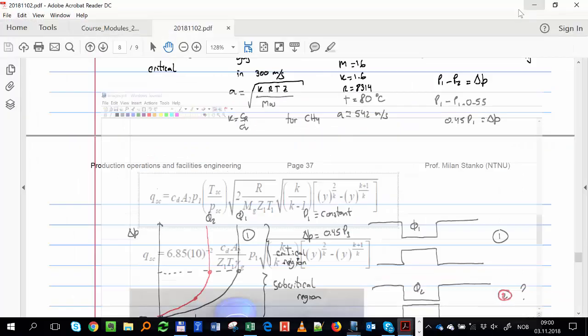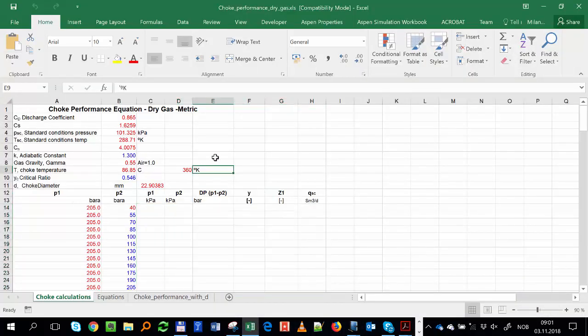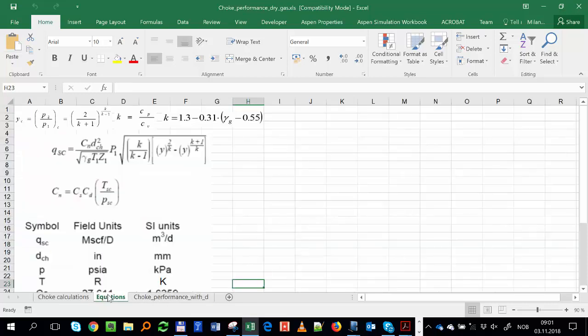So let's open that exercise of the choke. It's called choke performance. Here I have to comment that if you go to the equations, it is exactly the same equation we have been using. The only thing is that you now have some coefficients, and these have to do with changing units.